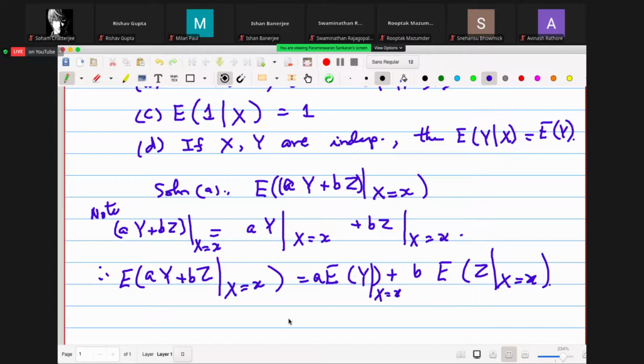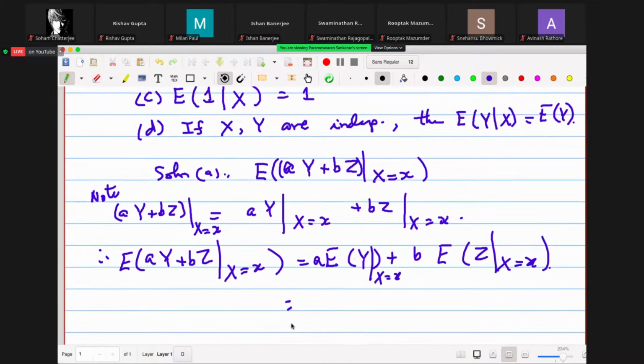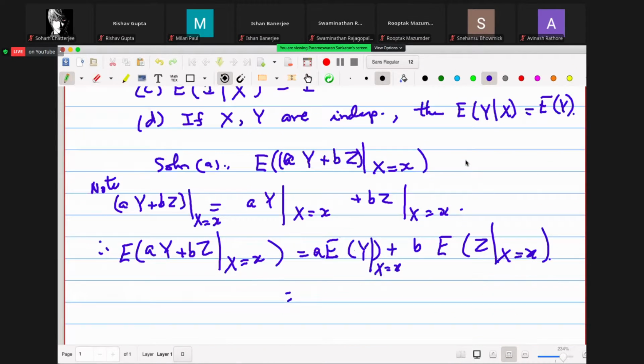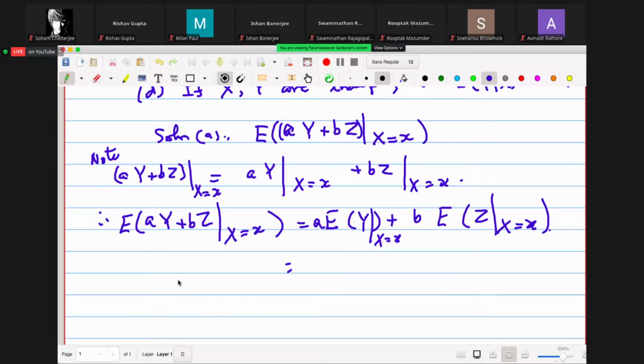But this is exactly the same thing as the other side. You can just compute it by sticking capital X equals x. So this is true for all x in the range of X. I don't write that full complete thing. Therefore A is proved.